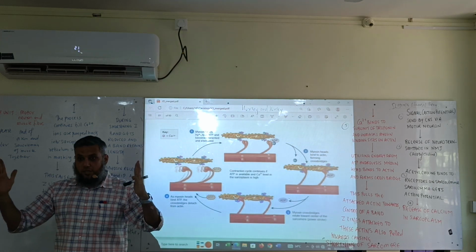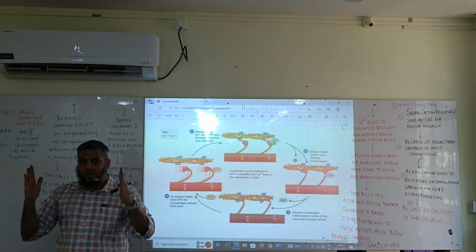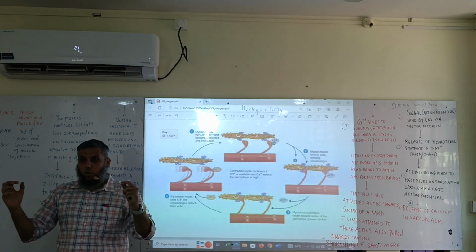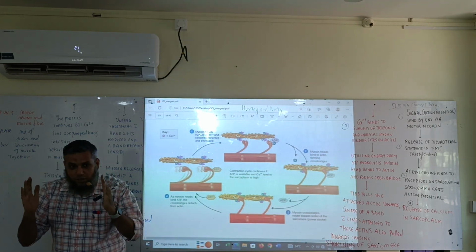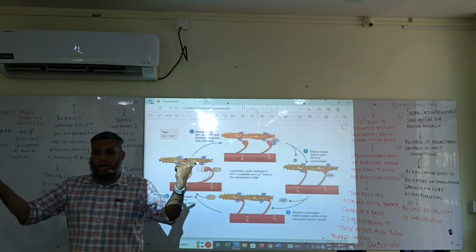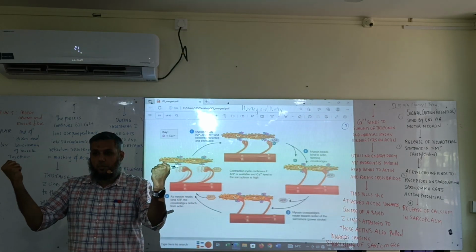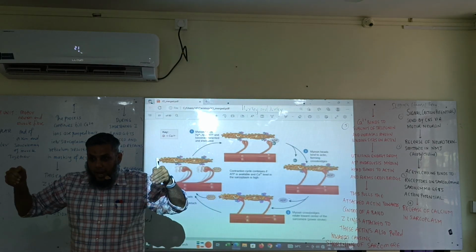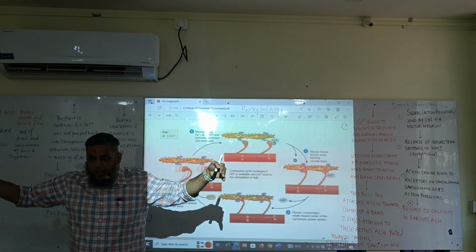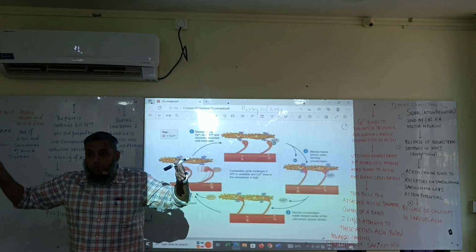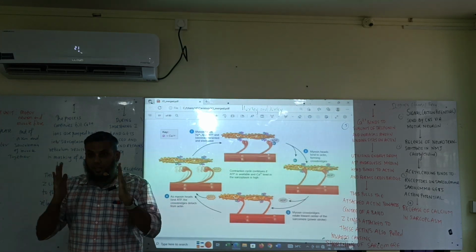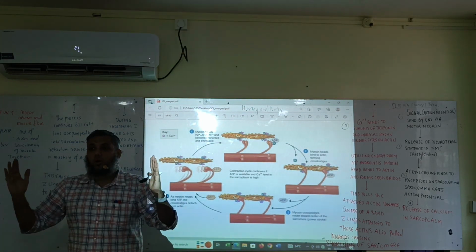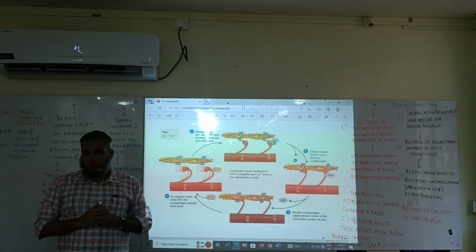Closer. So the length of the sarcomere will keep on decreasing and the muscle will undergo contraction, shortening. So the actin will slide over myosin and the actin is joined to the Z lines. So the Z lines will move inwards and the length of the sarcomere will decrease and the muscle will undergo contraction.